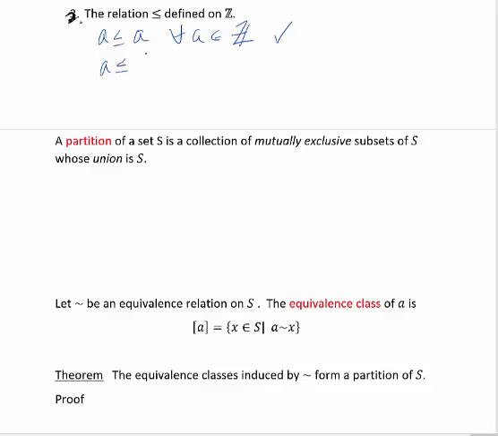If A is less than or equal to B, though, it does not mean that B is less than or equal to A. So we do not have the symmetric property, and we know that we do have the transitive property.